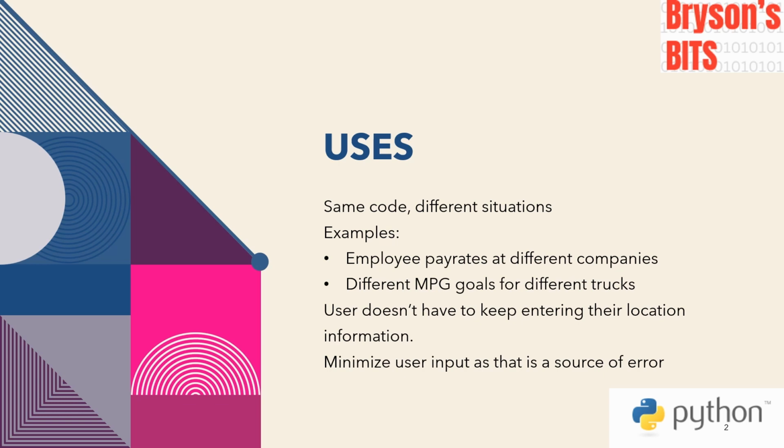And if you use a configuration file, they can make sure they get it right. For example, they can make sure they put the right pay rate in, or the right miles per gallon in, and they're not mistyping it on the third execution.